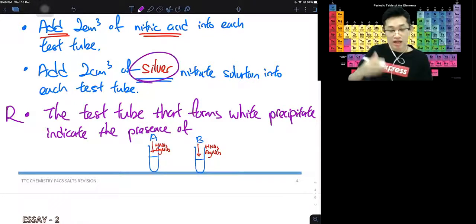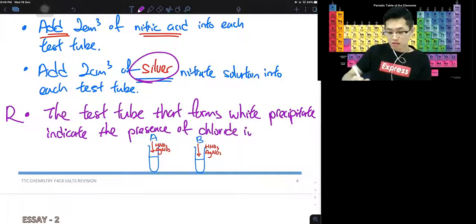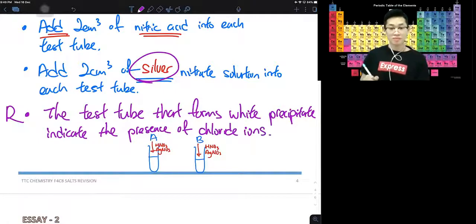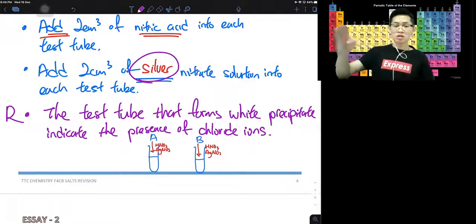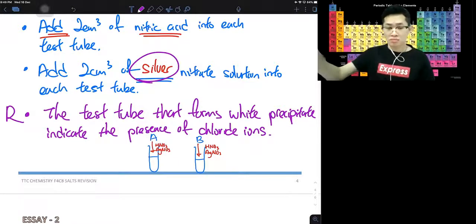chloride ions, since silver nitrate is added to test for chloride. You can also add another sentence if you want, which is, therefore, the solution is sodium chloride. If you want to add that sentence, also can.